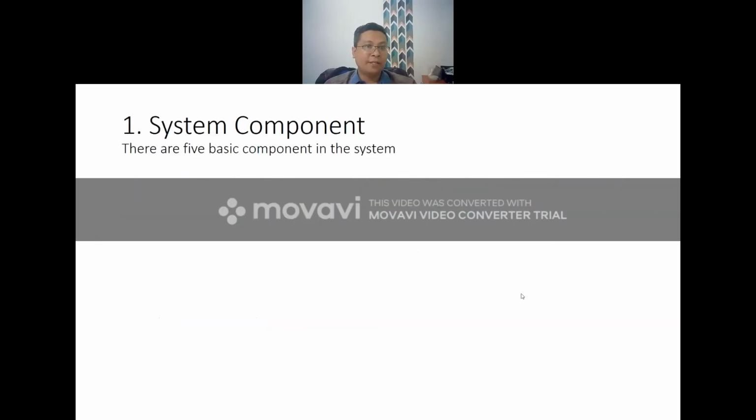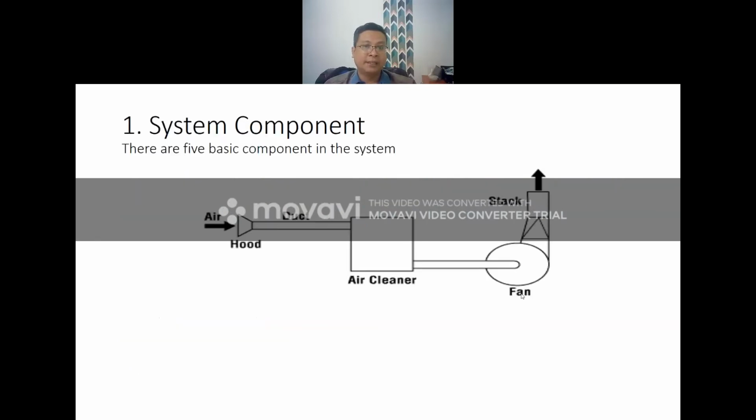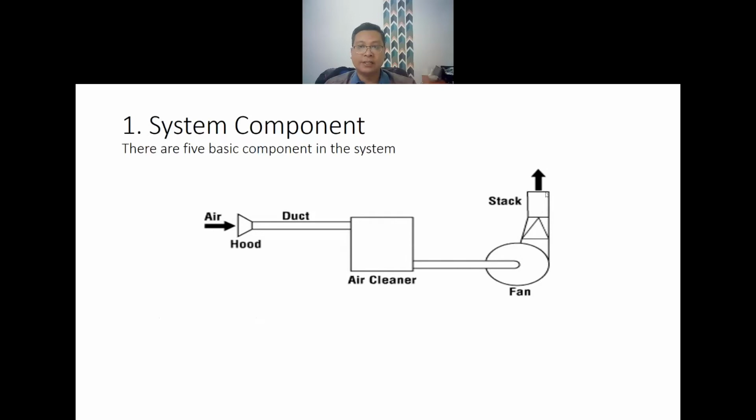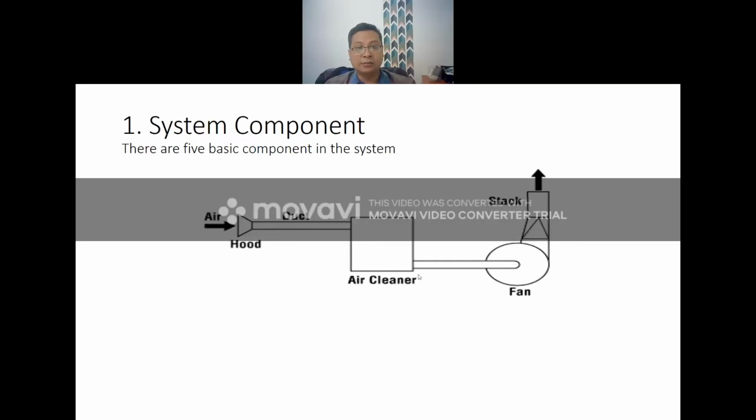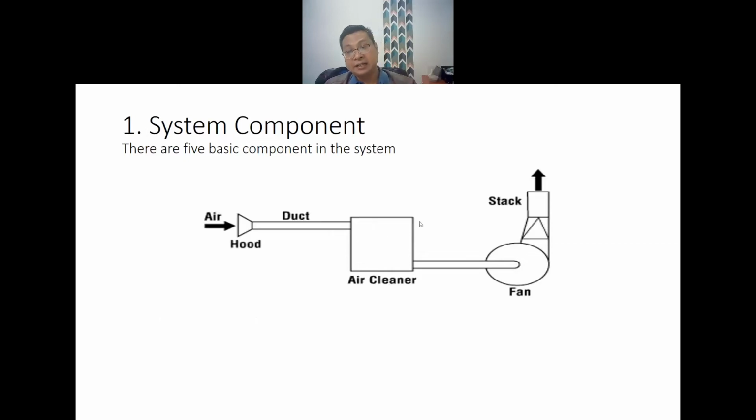System component, there are 5 basic components in the system. We have air inside here, and then we go to our exhaust here, and then we have a hood to collect the air, and then we have the duct system to transport the unwanted air, and then we try to clean it, like filter here.